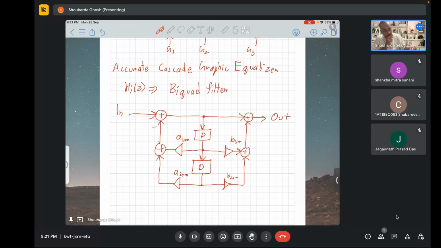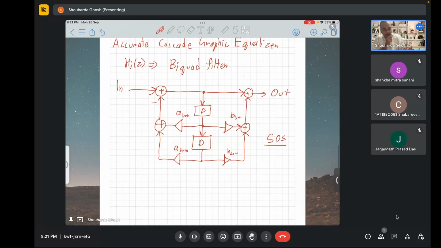We also call it a second order section. The O should be capital, it's not save our souls. It's a second order section because the denominator has two poles, a1m z to the power minus 1 and a2m z to the power minus 2.